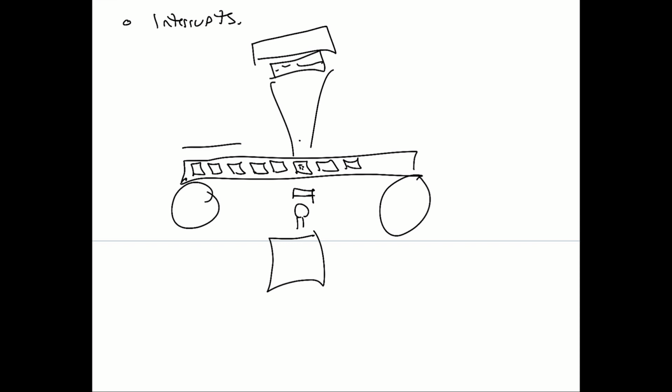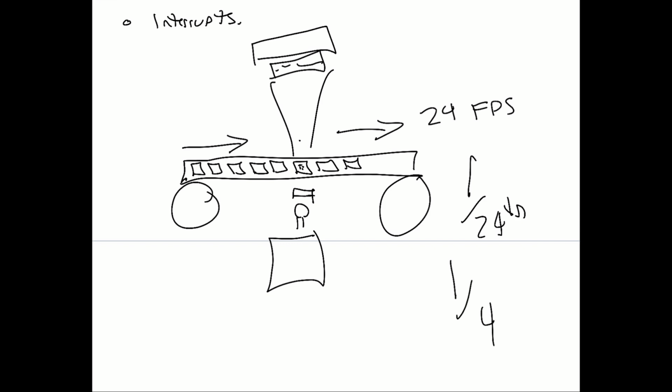What happens is this thing is moving very fast at a rate of 24 pictures per second, which is frames per second. And that means that every 1/24th of a second, actually every 1/48th of a second, a picture basically moves, and then for 1/48th of a second, it shines the light.